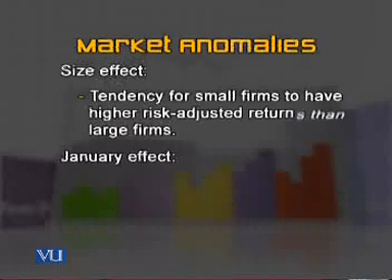We cannot ignore small capitalized companies. Cannot ignore mid-sized capitalized companies. They tend to have higher returns, higher risk-adjusted returns than larger firms. So you may just get more money out of smaller capitalized companies.